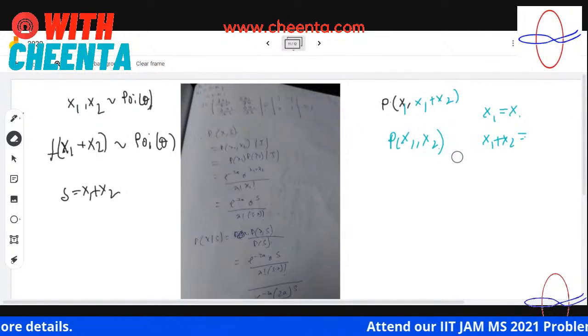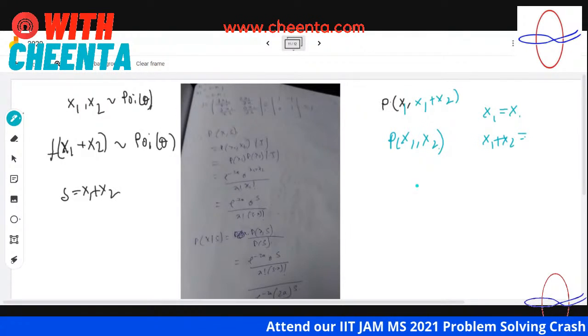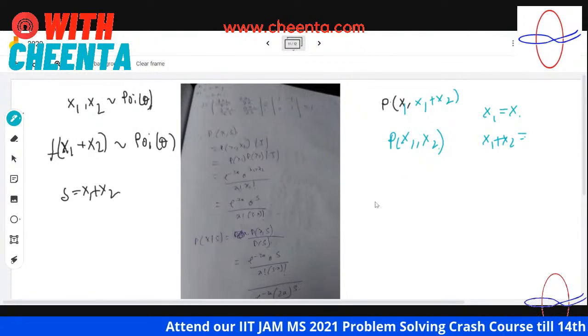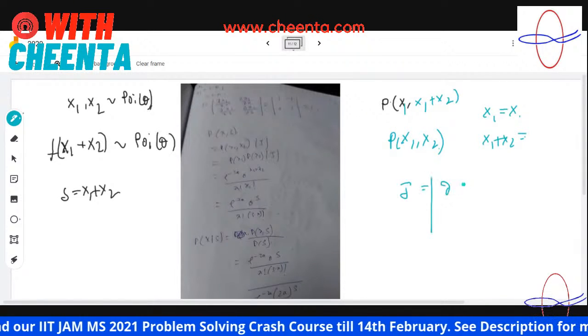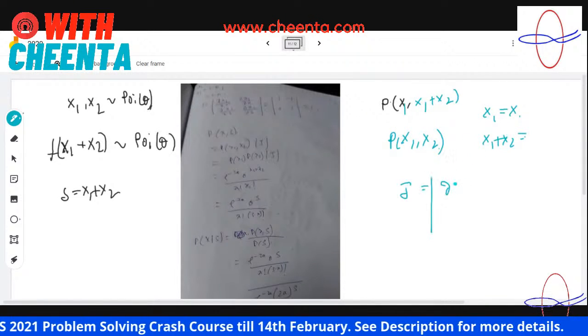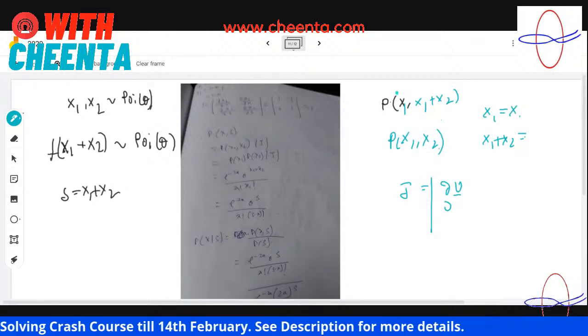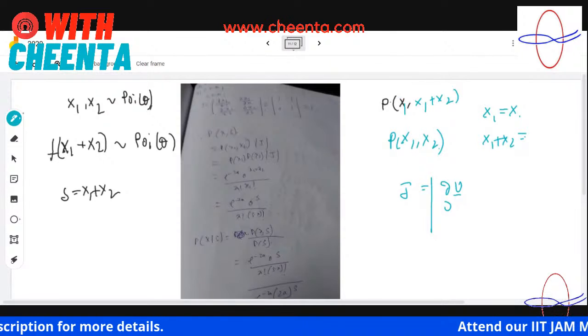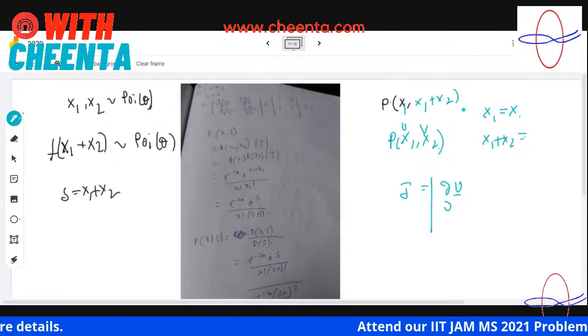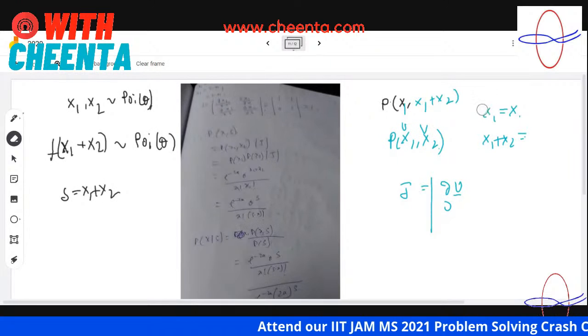So for the Jacobian, as you have understood, let me write it over there. Let's consider this u and v, and let's try to find it in terms of u and v.